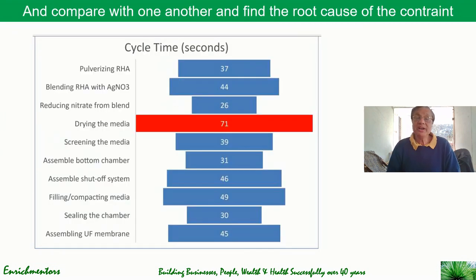And then we compared this, as you see on the next slide, with one another to find that drying the media was the root cause and was the constraint in this manufacturing process with having the longest cycle time.